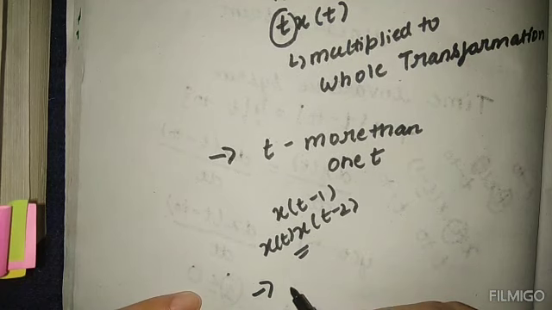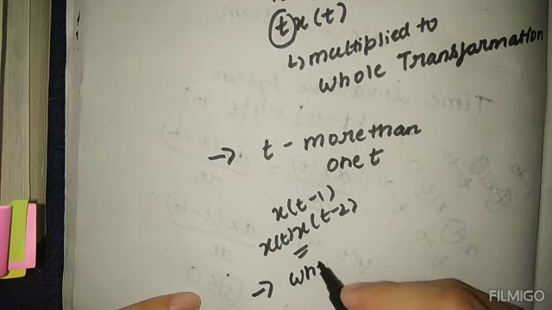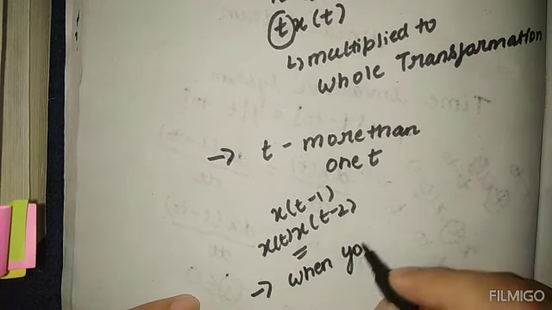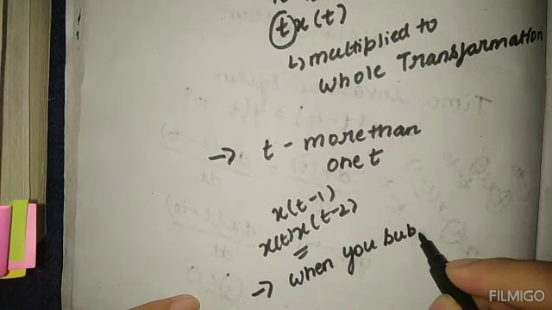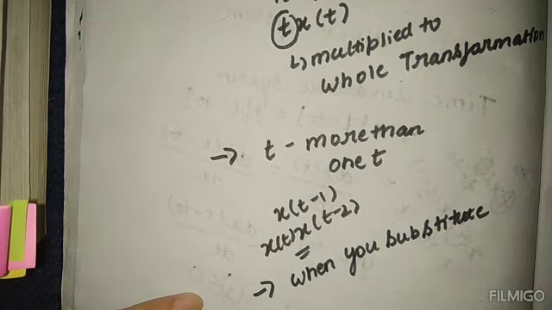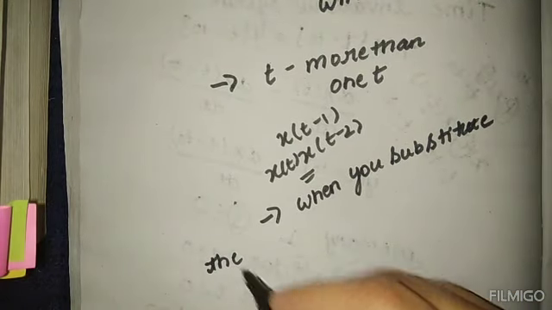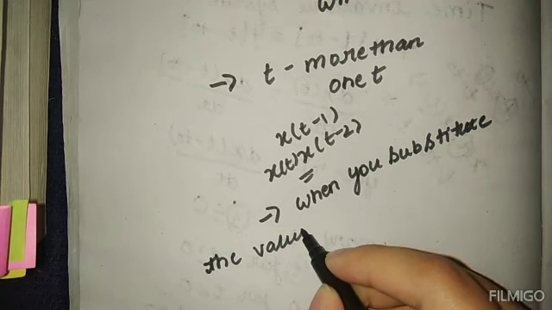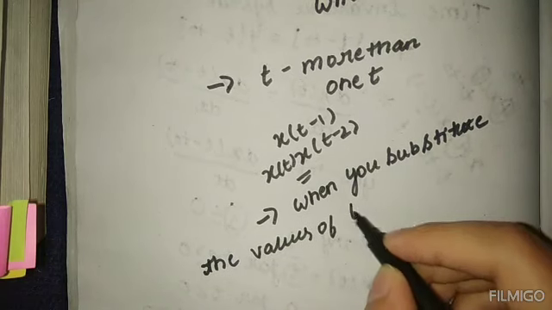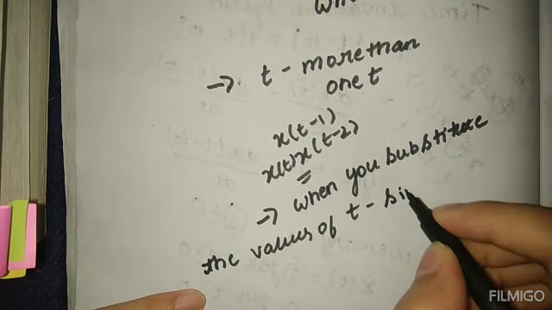And in the case of memoryless, I already told you that when you substitute the values of t, you see that there will be some simplification required, right?